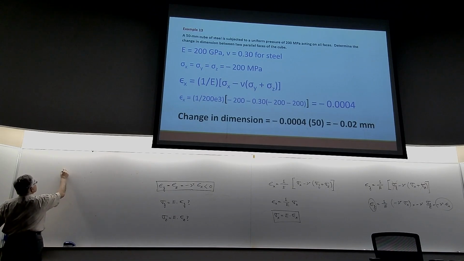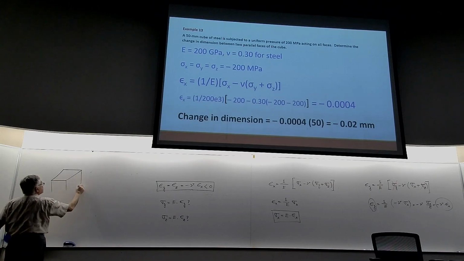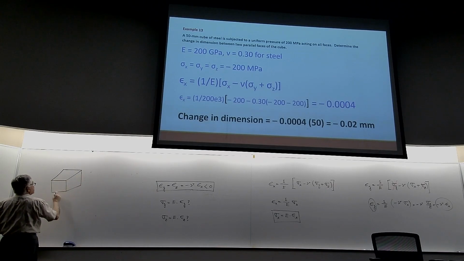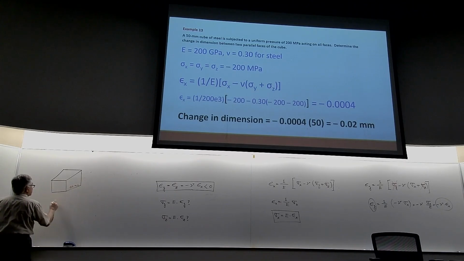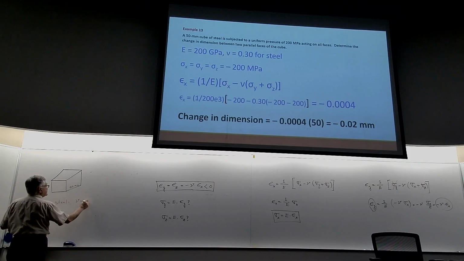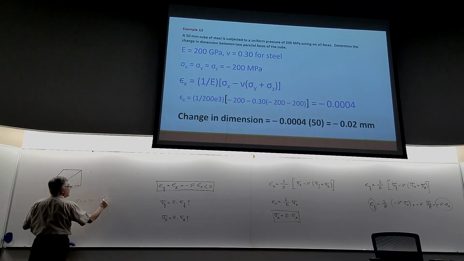So this is what it looks like. It's a cube, 50 millimeters on the side. And we use nu of 0.30 from our table.